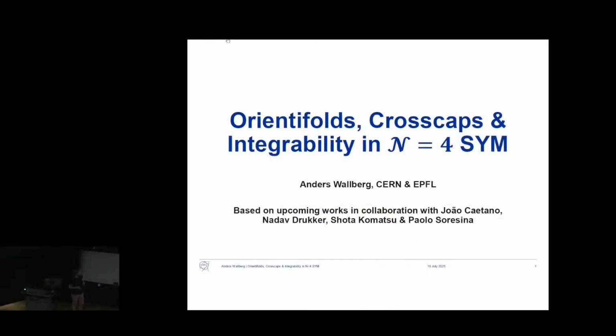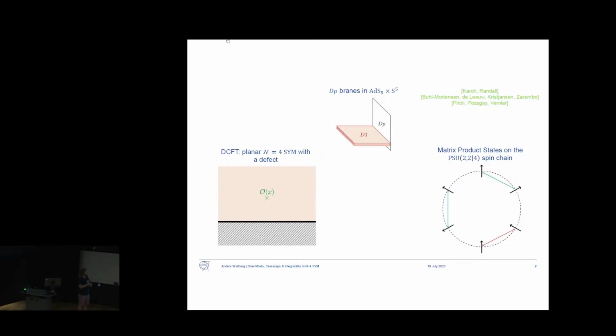Thank you. So I would like to thank the organizers for giving me this chance to talk. Before I go into this complicated business of orientifolds, I thought maybe first I would talk about a slightly simpler case, which luckily Charlotte already covered earlier today.